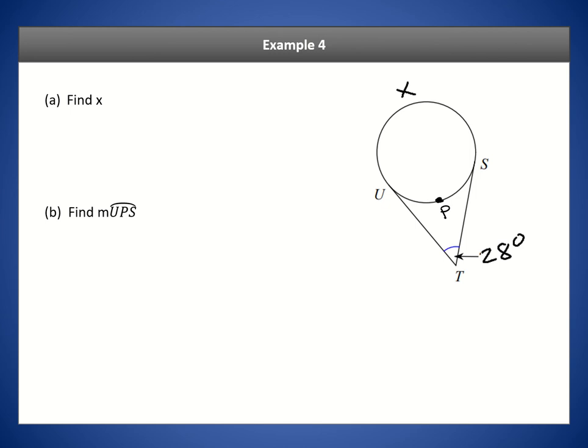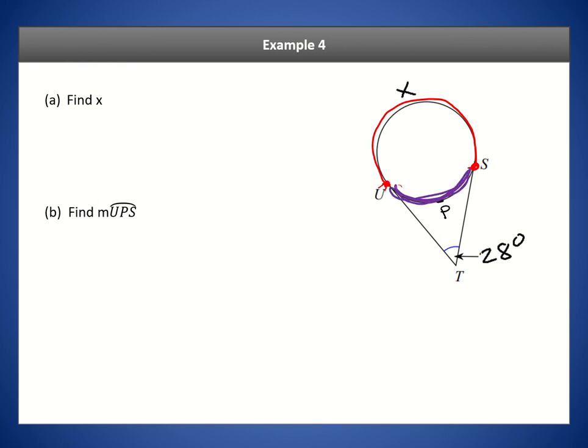So remember that this angle has to be half the difference between this major intercepted arc and this minor one right here. So we're going to take the difference between those two different arcs. Let's color code that other arc purple here.